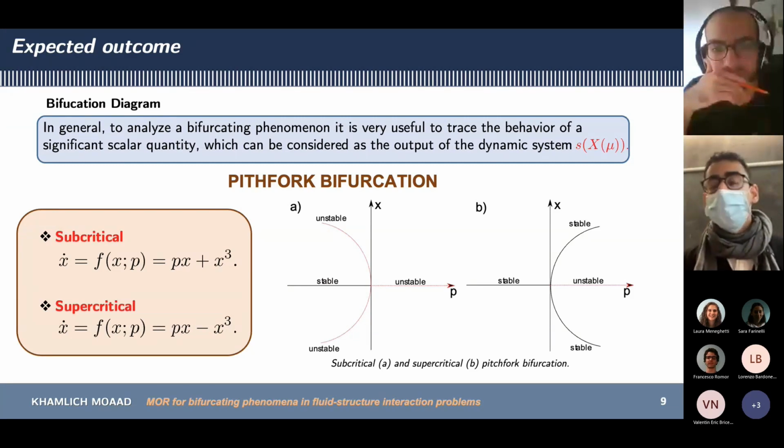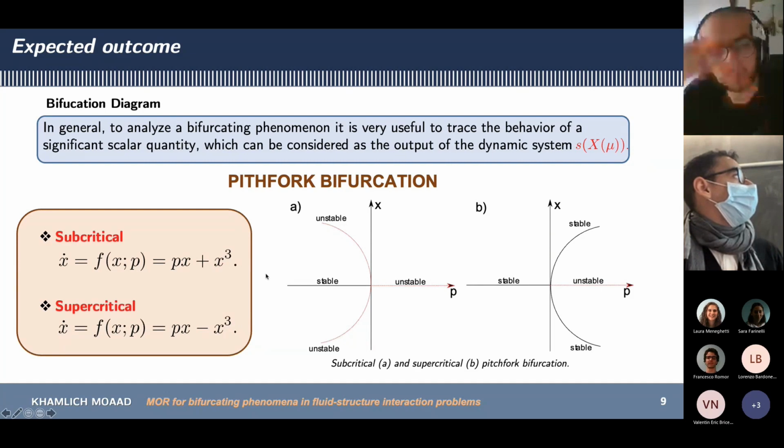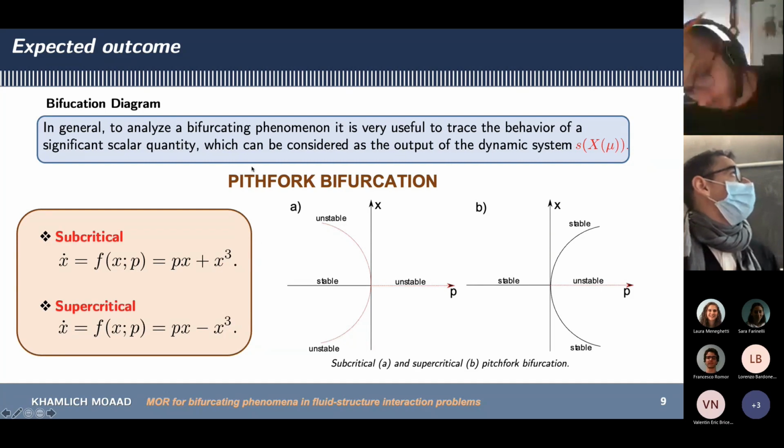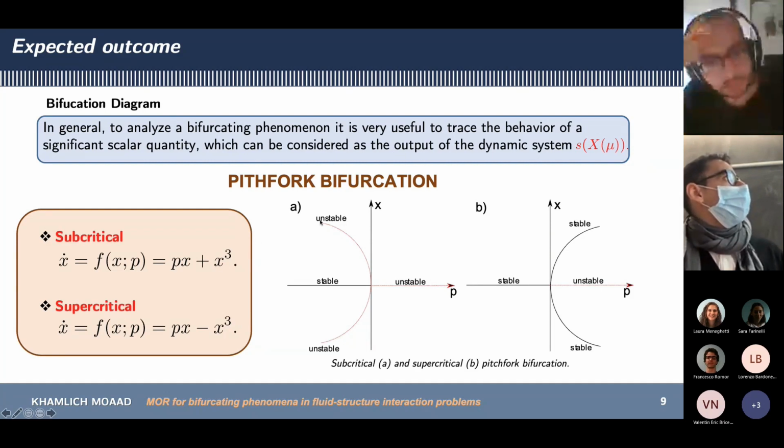And obviously one needs to choose a relevant scalar in order to have a sort of bifurcation pattern.